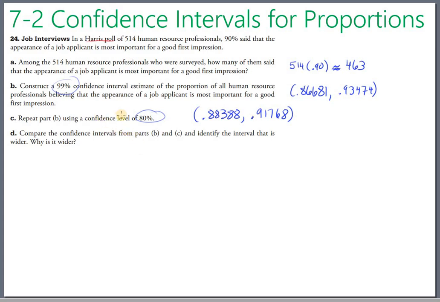They didn't specifically ask for a sentence here, but it's really good practice to write a sentence anyway.